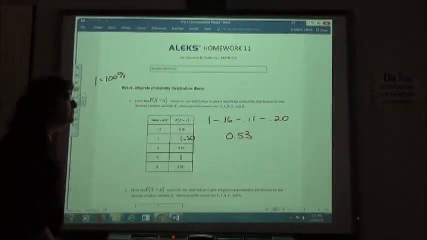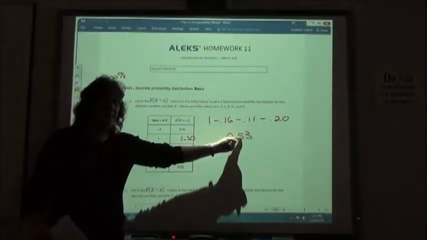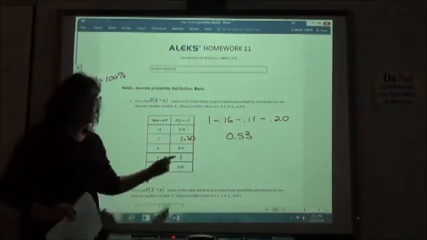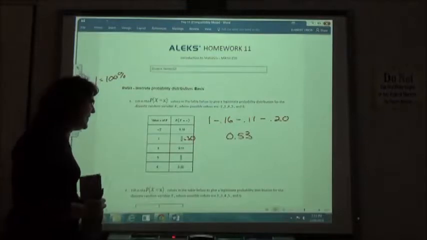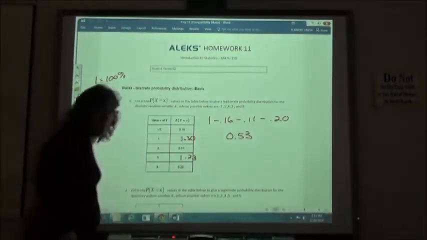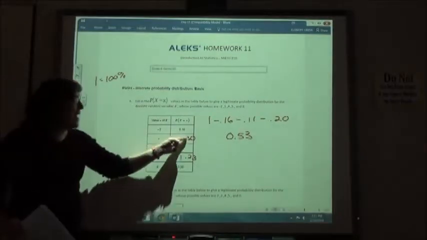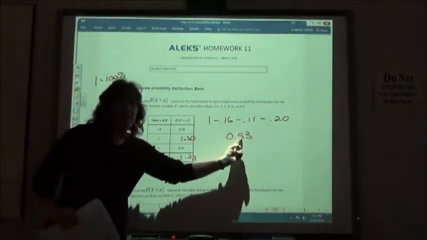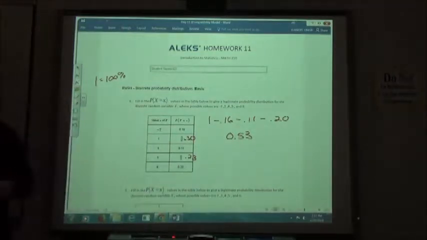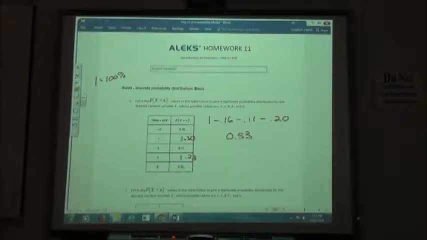It has to add up to this. 0.23, right? So you can put in any pair of numbers as long as they add up to this, so that all 5 of your values always add up to 1. 100% of your information. Okay?